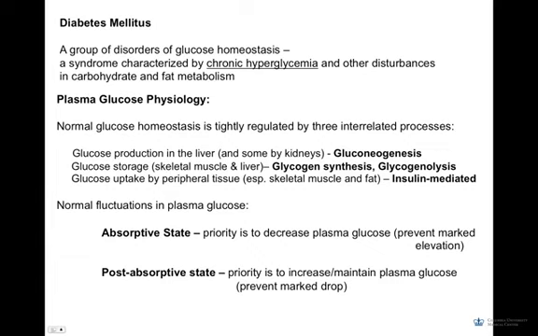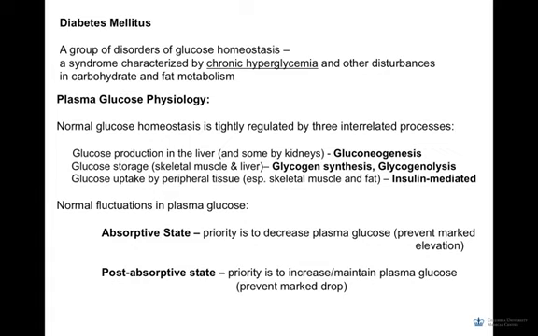So the uptake of glucose by these peripheral tissues is regulated so that in times of low blood glucose, it can be limited, so that blood glucose can be saved for tissues that can't use fat as a source of energy, primarily nervous tissue, especially the central nervous system.